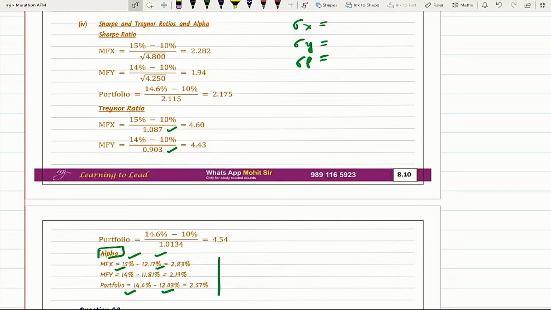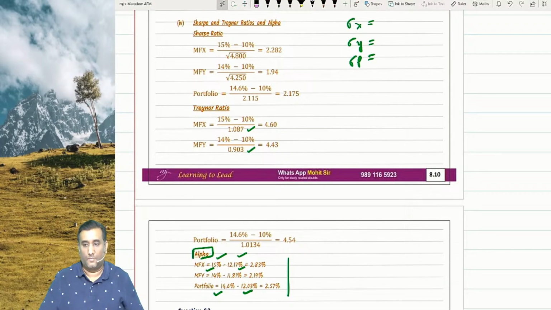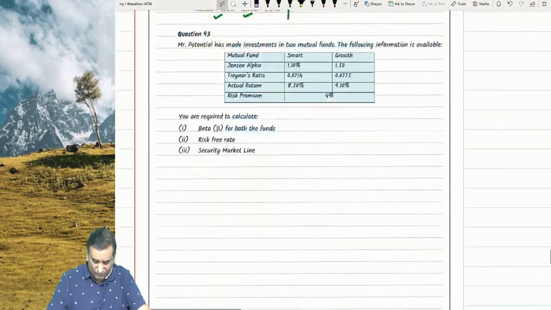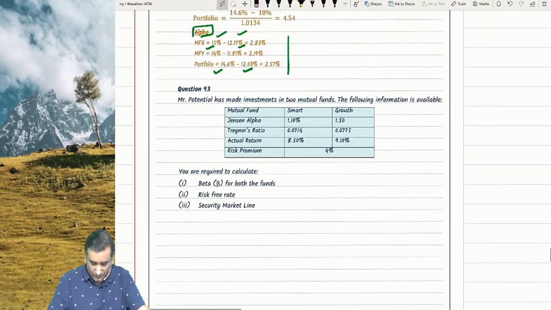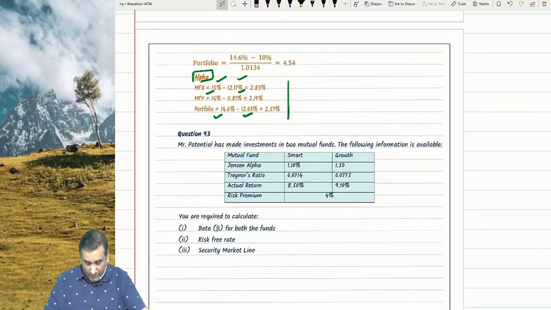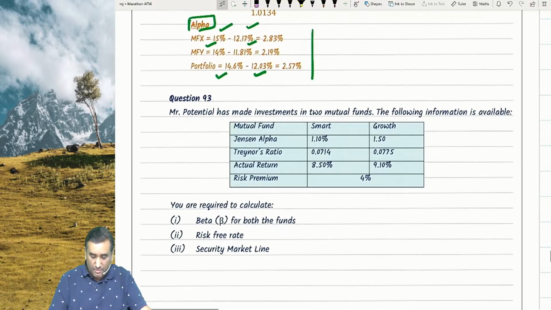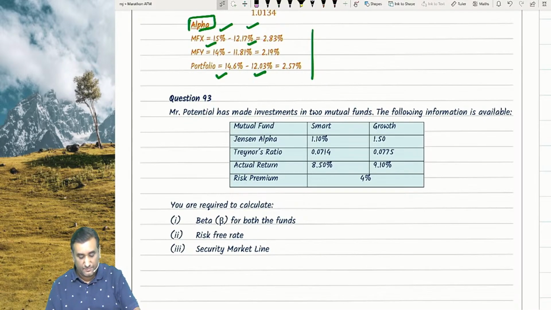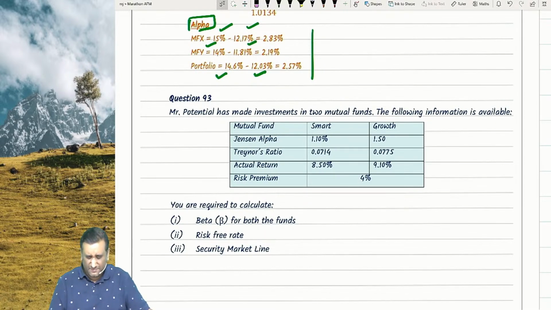Done. You can try question number 93 also. Mr. Potential has made the investment in two mutual funds.